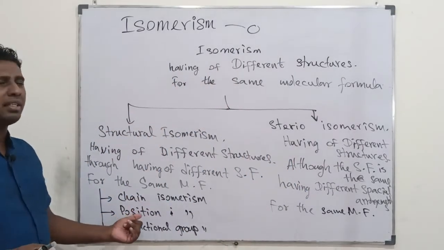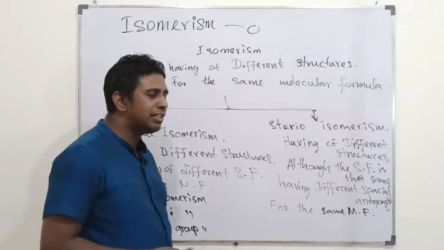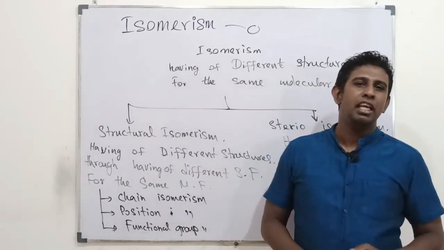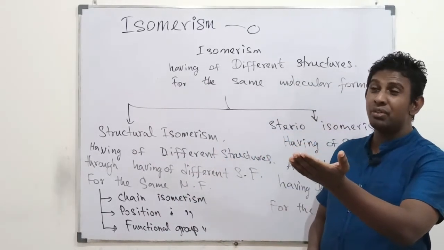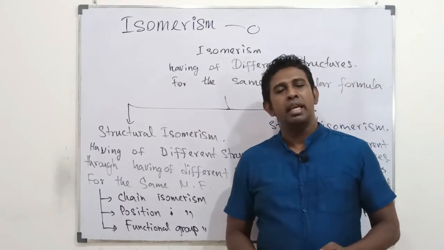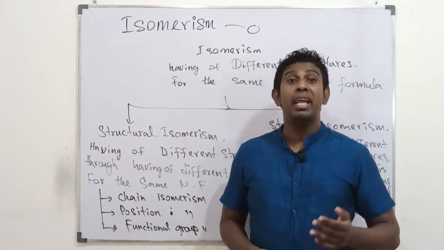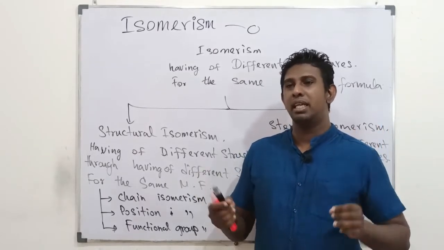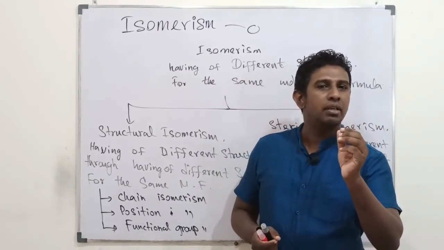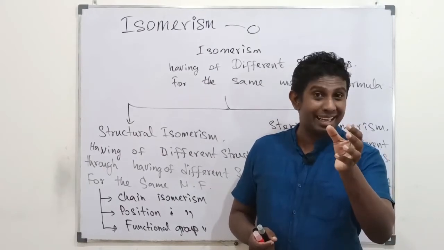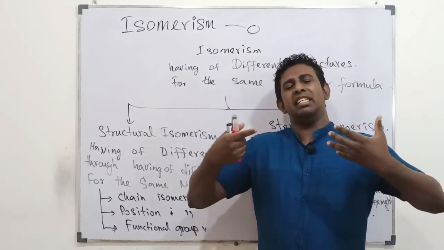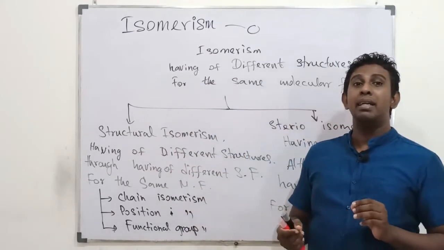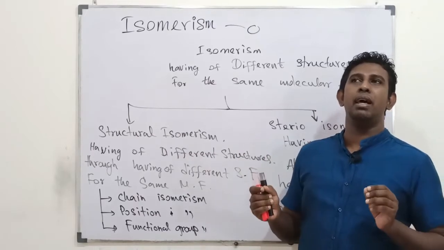Then what's the position isomerism? Students, on the carbon chain of an organic compound, you may find either a functional group or an alkyl group, it could be a double or triple bond or any other functional group, located on the carbon chain. The position of that functional group or alkyl group could change in another compound, but they have the same molecular formula.